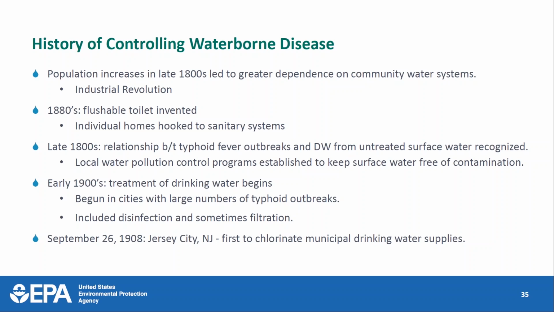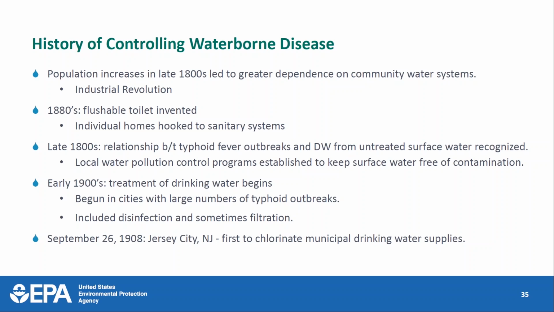So you had people starting to recognize, with John Snow's understanding, that disease could be spread through water, and that people needed to keep their wastewater and their drinking water safe. They also had more waste, so people developed the toilet, which then became hooked into sanitary systems.